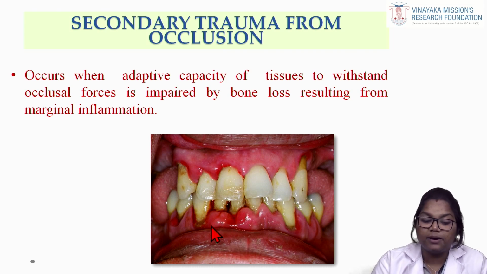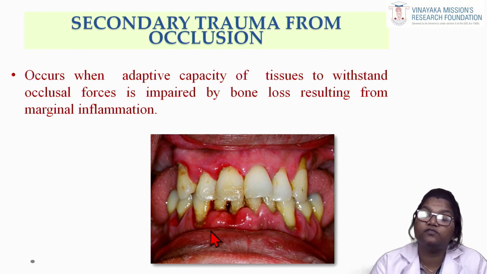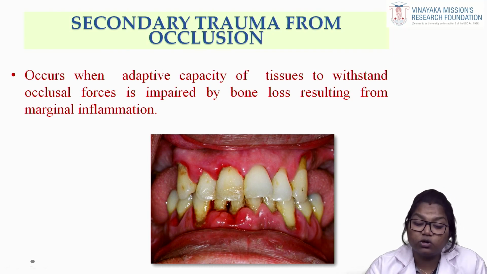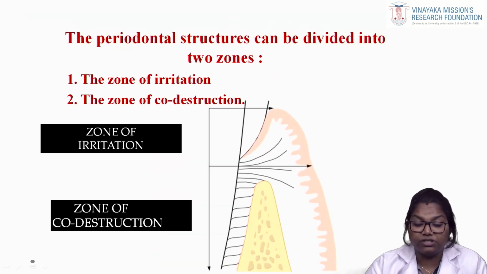Here, under this marginal inflammation, the bone and the periodontal ligament together withstand the occlusal forces. If the periodontal ligament and the bone cannot withstand the occlusal forces, it's going to cause your secondary trauma from occlusion.